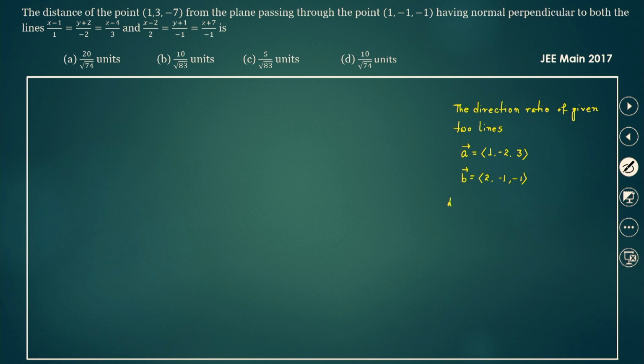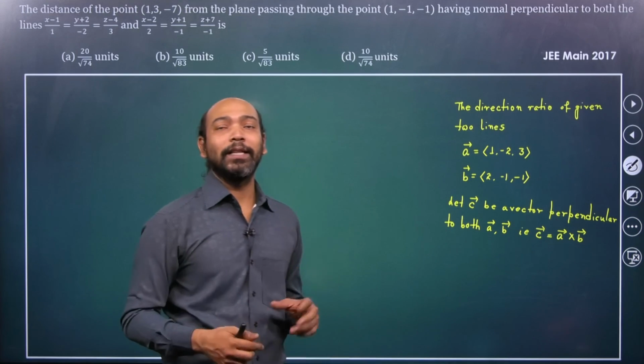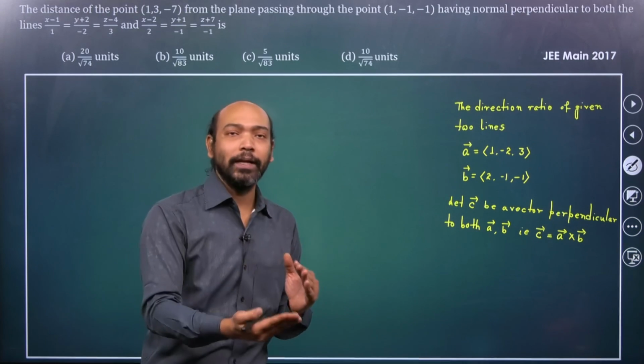So let C be a vector perpendicular to both A and B. That means the vector C must be equal to the cross product A cross B. Now we are required to find a plane which is perpendicular to both lines.